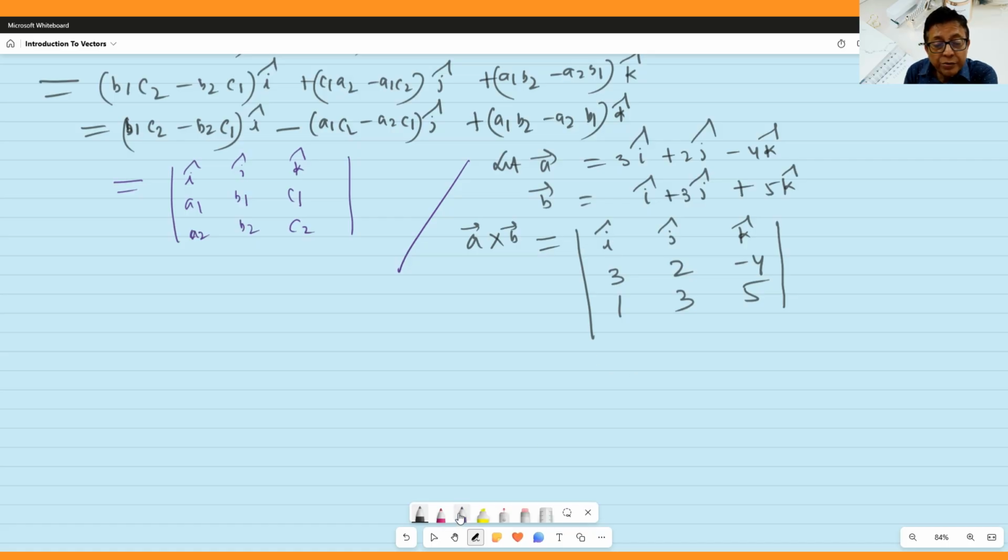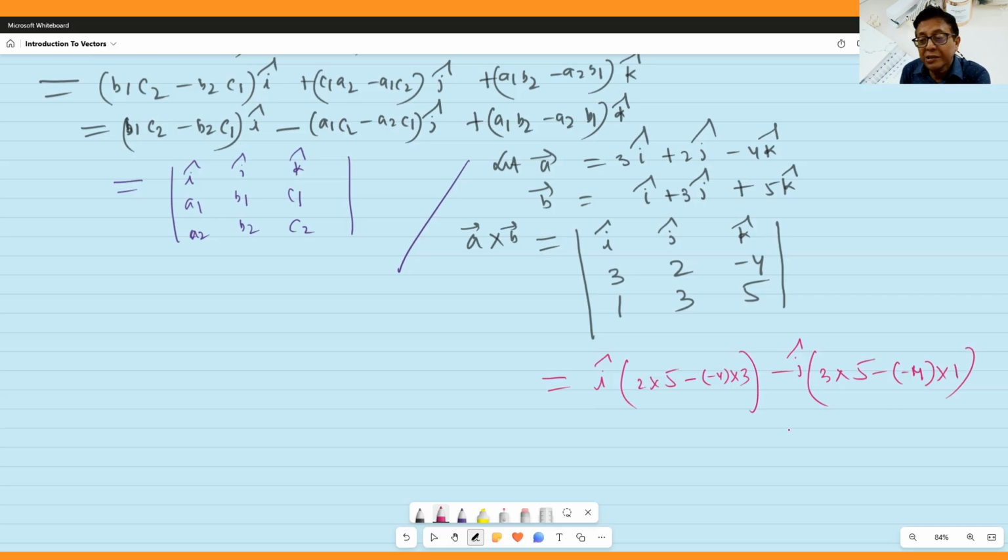I am expanding now. First I'll take I, turn of I. This one column of 2 into 5 minus, am I clear? Then what? Minus J into what? 3 into 5 minus 4 into 1, plus K into what? 3 into 3 minus 2 into 1.